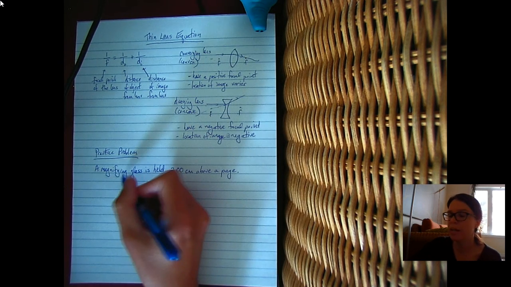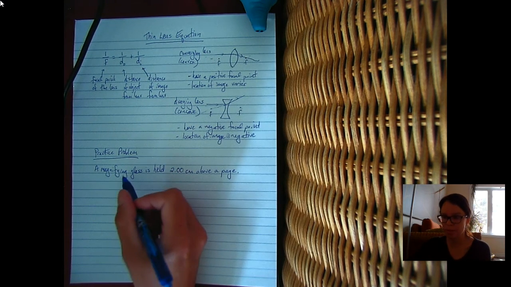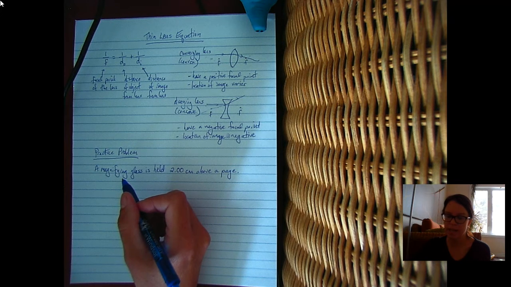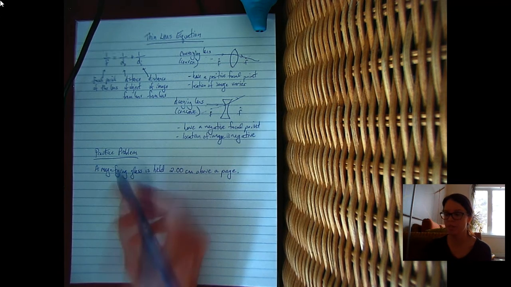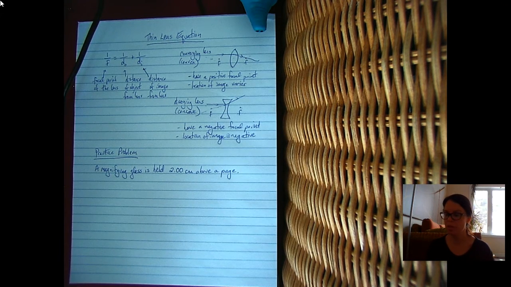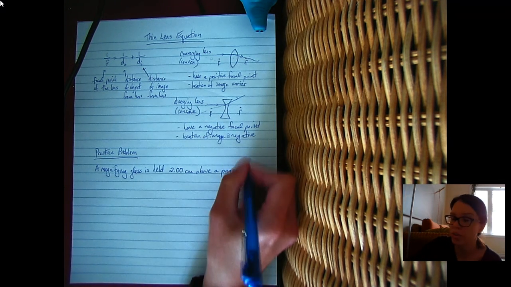What you know about magnifying glasses from what we've talked about before is that the whole point is to make the image bigger than the object. It should be upright. You don't want to be trying to look at something and have it blown up for you so you can see it and then it's upside down. And it's virtual. You can't capture what you're seeing through the glass on any kind of screen or page, paper, anything like that. Okay, so the image is virtual.